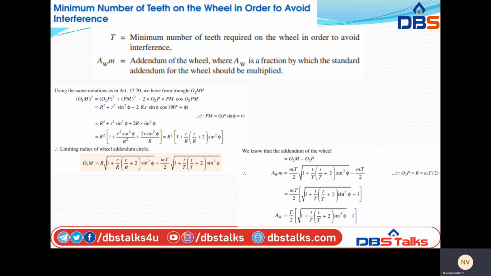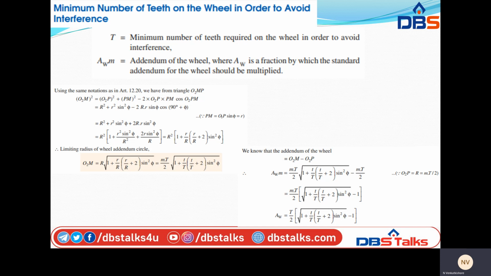So let capital T be the minimum number of teeth required on the wheel in order to avoid the interference, and AW, that is the addendum of the wheel, where AP is the addendum of the pinion. Which is to be multiplied with the module, so AP into M, here AW into M, the addendum of the wheel, where AW is the fraction by which the standard addendum for the wheel should be multiplied.